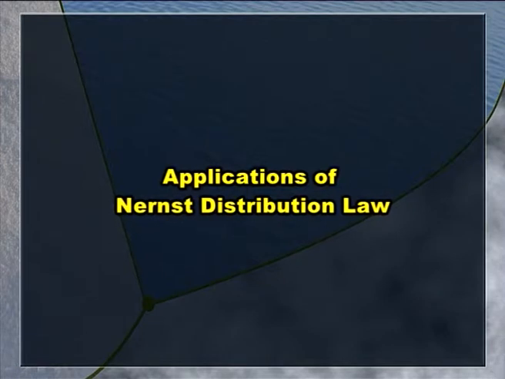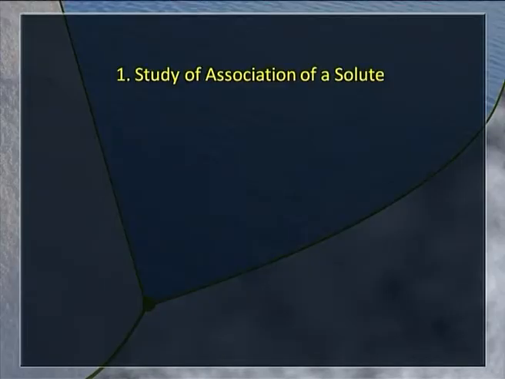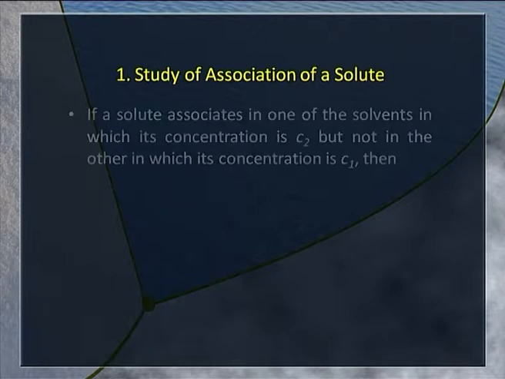Let us look at the applications of Nernst distribution law. We have seen different cases, and these cases can be suitably applied to find out the information that we want. Study of association of a solute in one of the solvents.